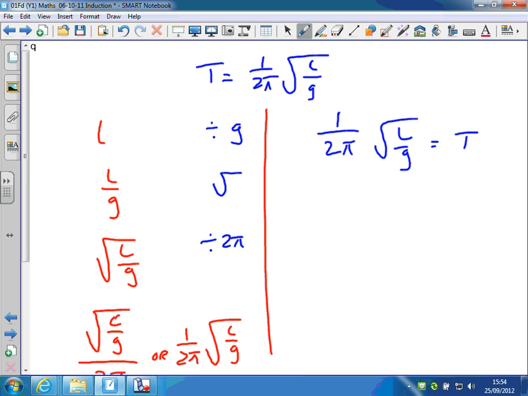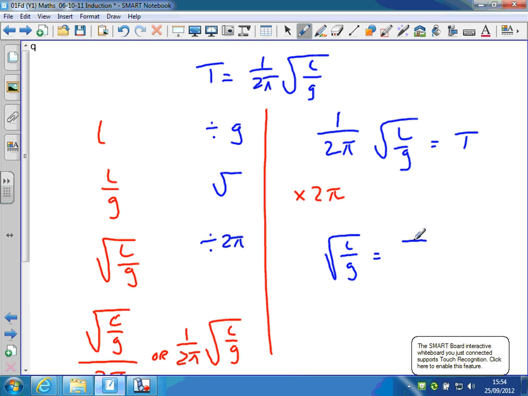So I'm left with root L over g equals T times 2 pi. Let's write the 2 pi first. 2 pi T, doesn't matter what order I write it in.